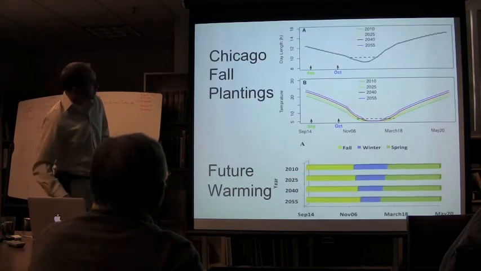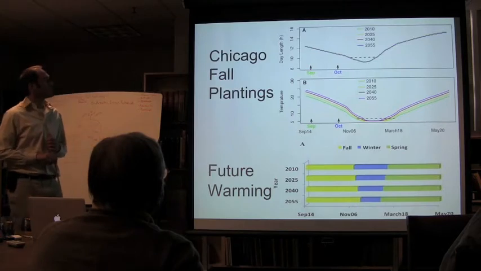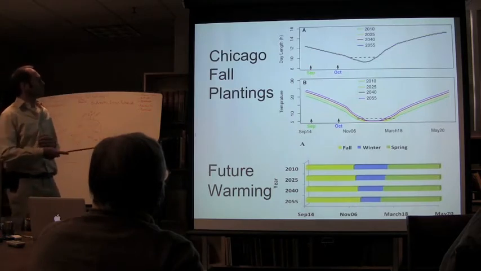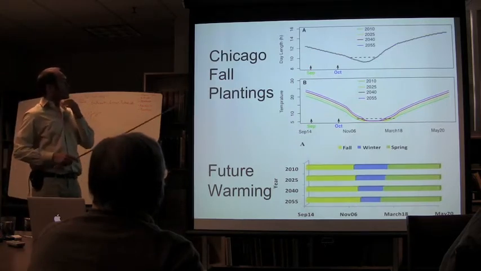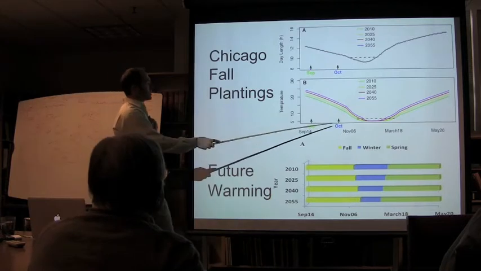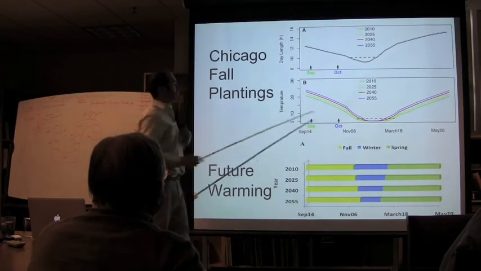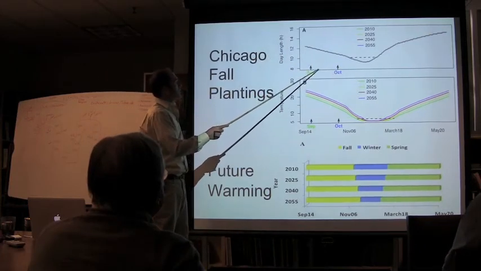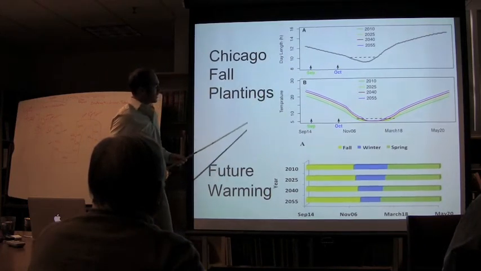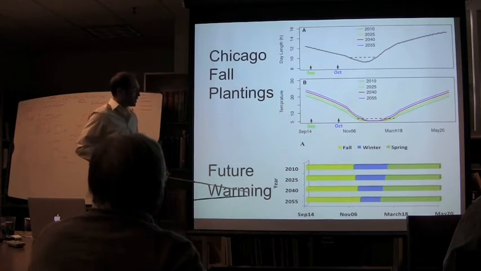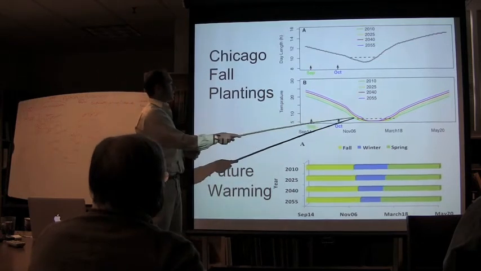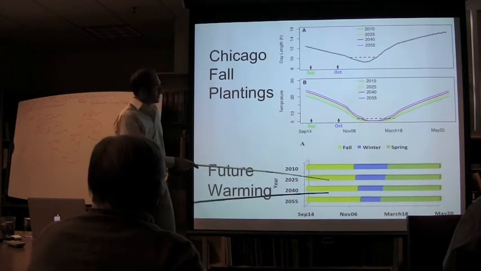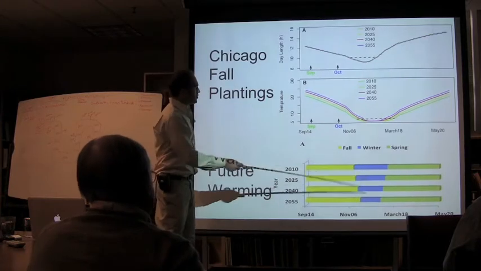All right, so for the last couple of slides I want to show you about fall plantings. We cranked the chambers down to about 5 degrees and gave them a couple months of cold and shorter days, and tried September and October planting. You can see that the growing season, as defined by days above 6 degrees, gets shorter in the future conditions.